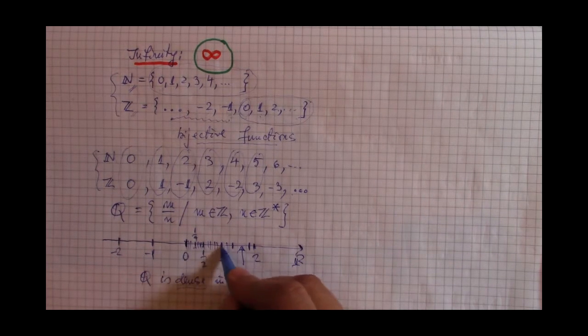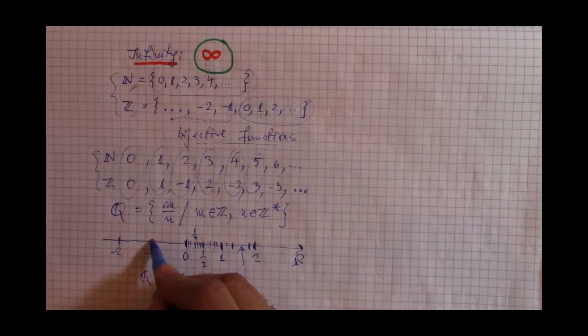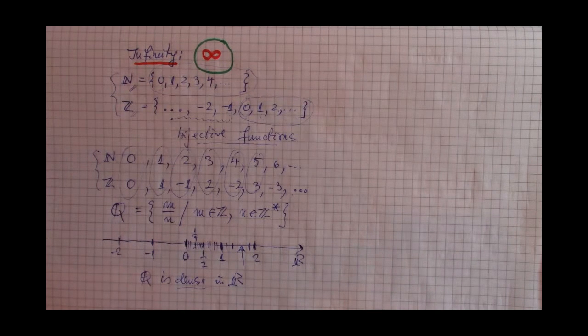Here's 0, here's 1, here's 2, here's -1, -2, very nicely spaced throughout the real numbers. No integer is in between 0 and 1, no integer is in between 1 and 2. That's not the case with Q. Q is all over the place.